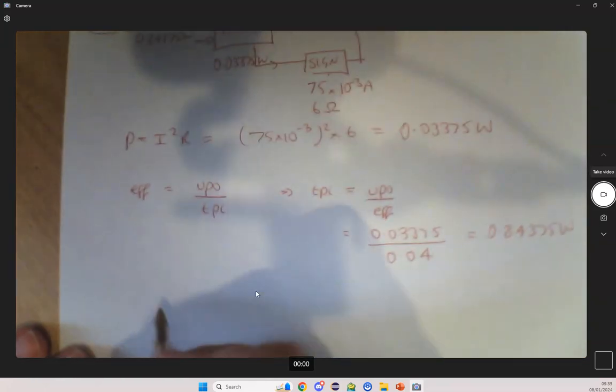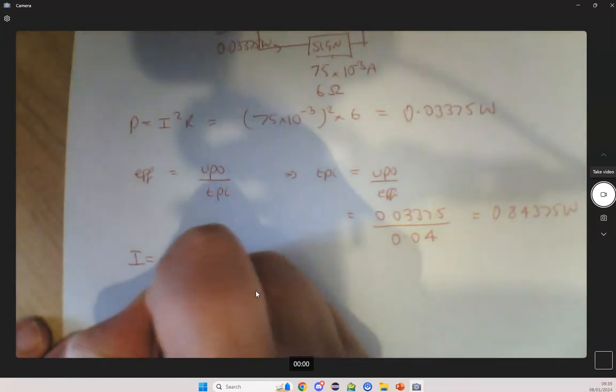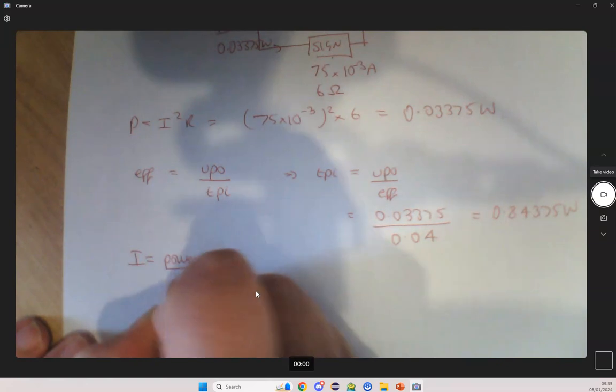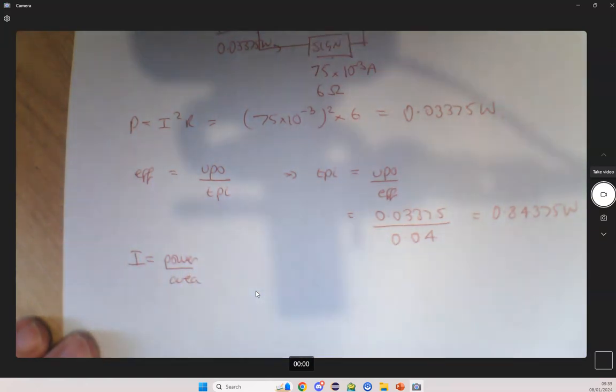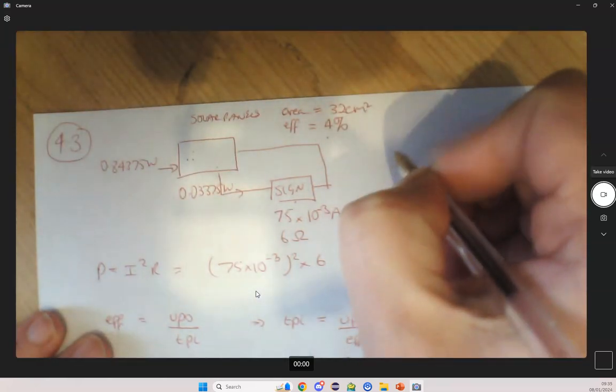Okay, so next bit we've then got is our intensity is power divided by area. Now, a note here that they actually want this in watts per meter squared, and they've given us here 32 centimeters squared. Now, we need to convert that across to meter squared.